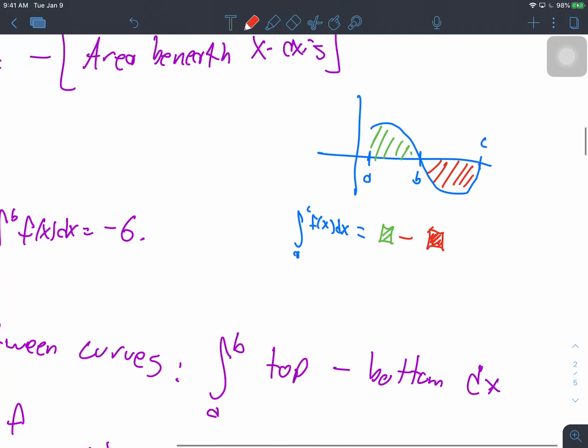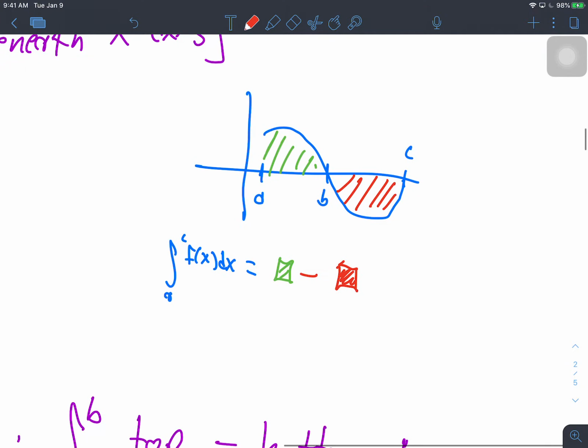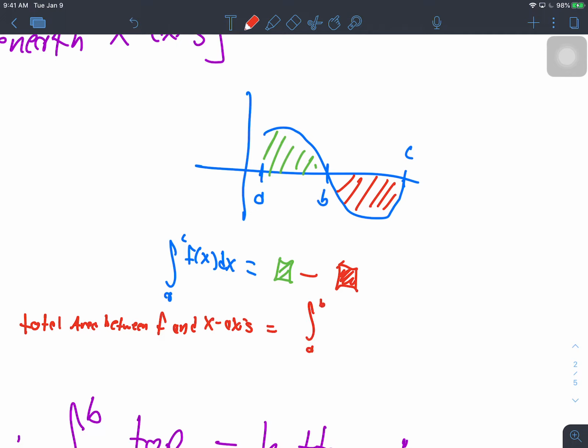So if we had, for example, a problem which asked us to find the total area between f and the x-axis, that would be equal to the integral from a to b of f of x dx, that's the green area, as a positive number, and then we would subtract the negative number integral from b to c of f of x dx.